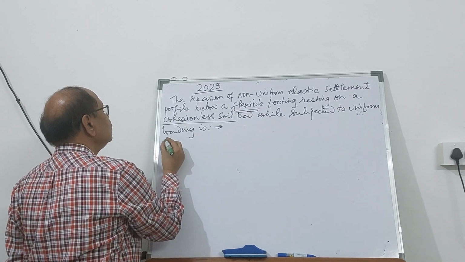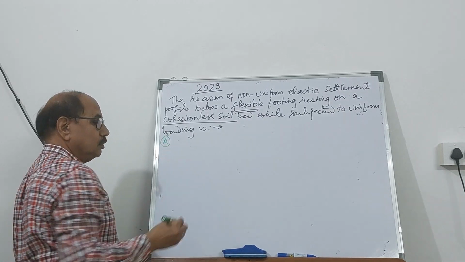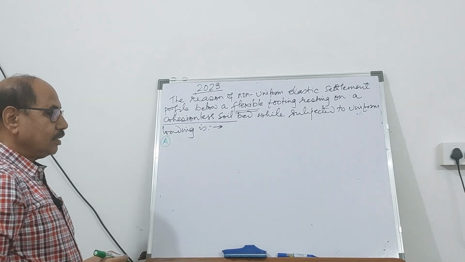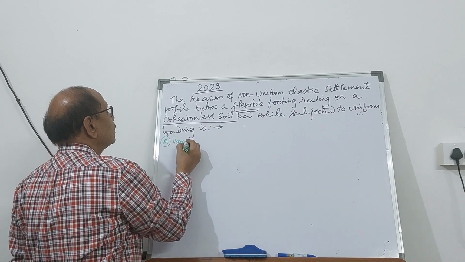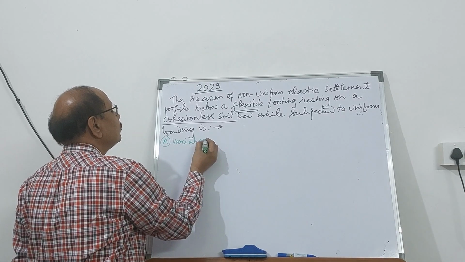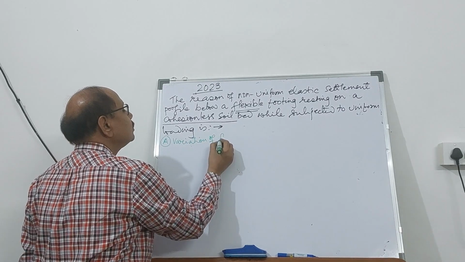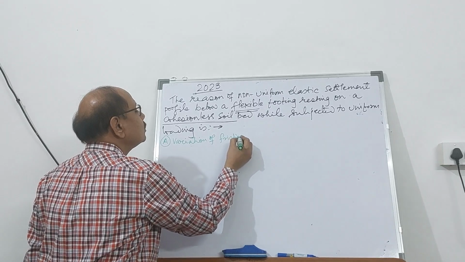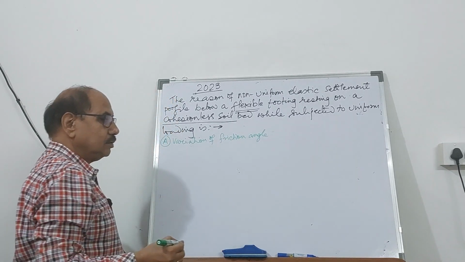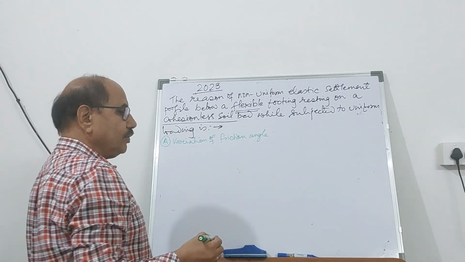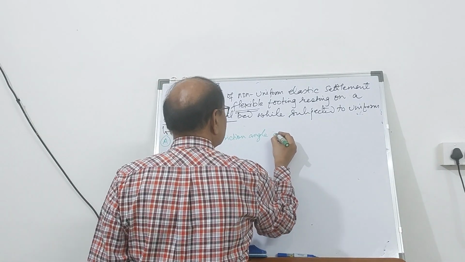The first option which is given is variation of friction angle along the width of the footing.